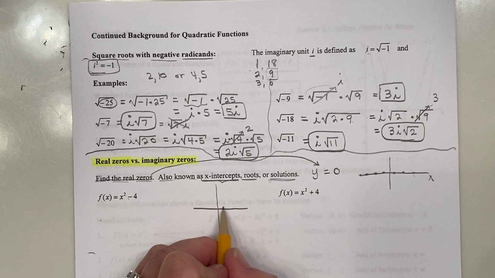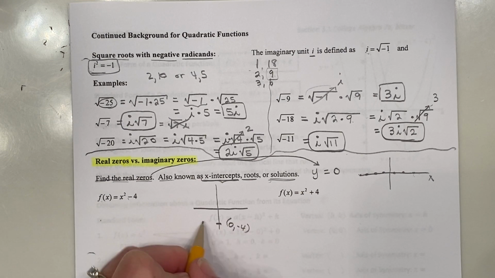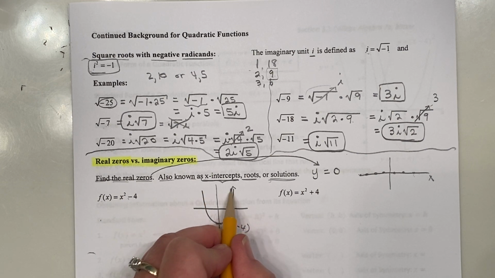Think about where the parent function is: the vertex, or that turning point, is at the origin. But for this equation, I would shift that vertex down 4 places to 0, -4, and my parabola would open like this.